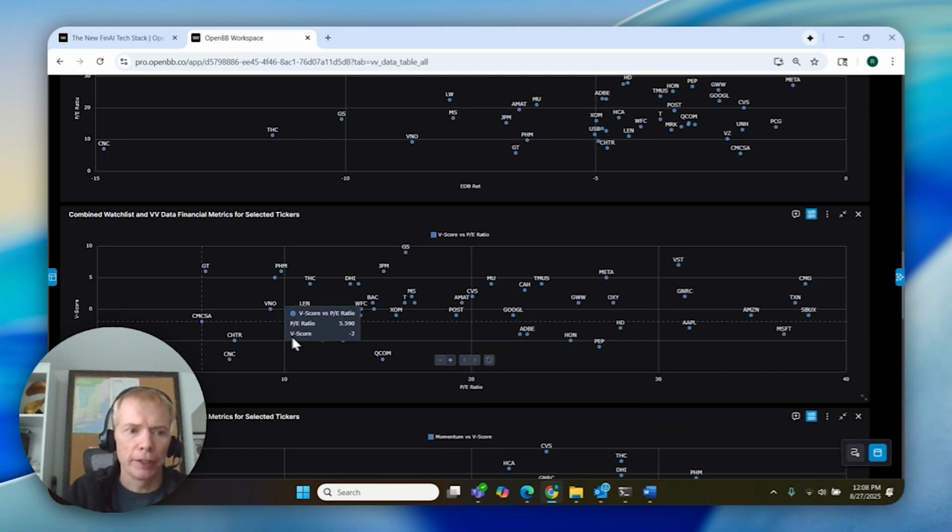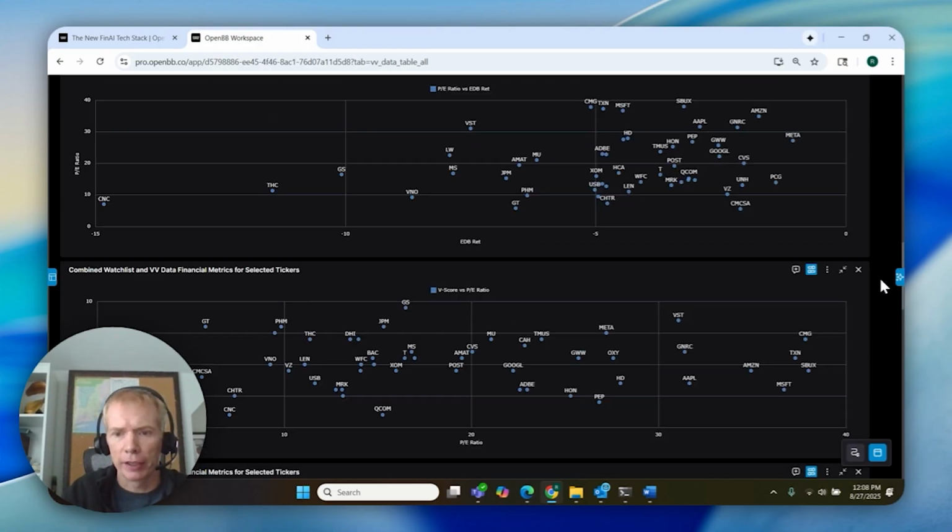So what about P ratio versus V score? Okay, so the V score is the vector model based forward price performance ranking. It goes from plus 12 being most attractive to minus 12, and it's based entirely on closing prices. All vector model analytics are based on closing prices; P ratios, valuation, earnings do not factor in at all.